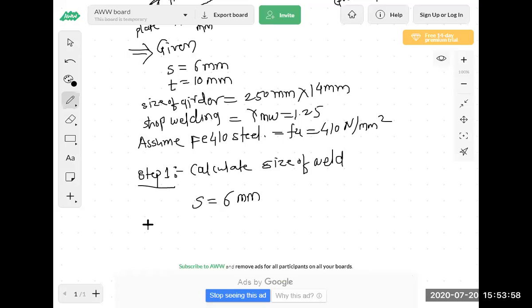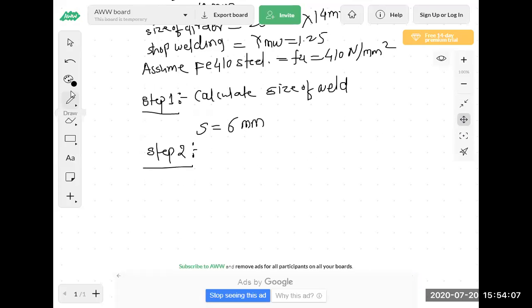Okay. Now step 2. What is step 2? Step 2 is to calculate the throat thickness of weld.